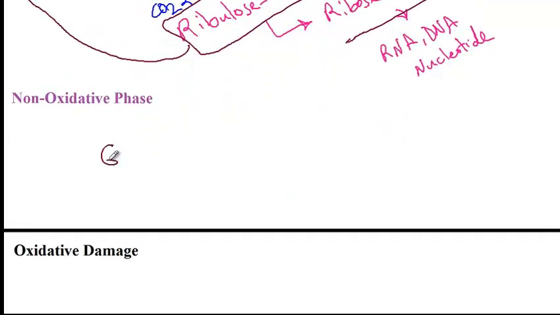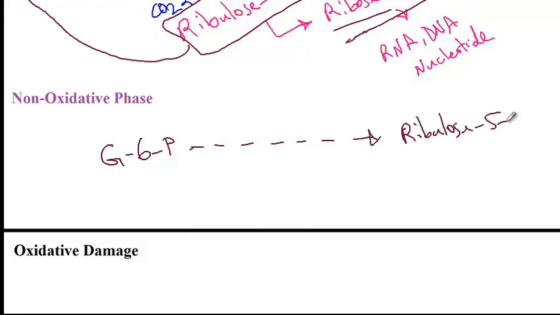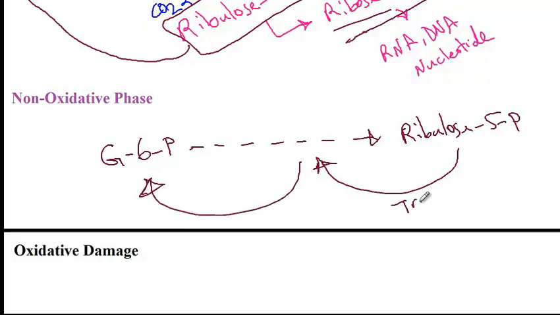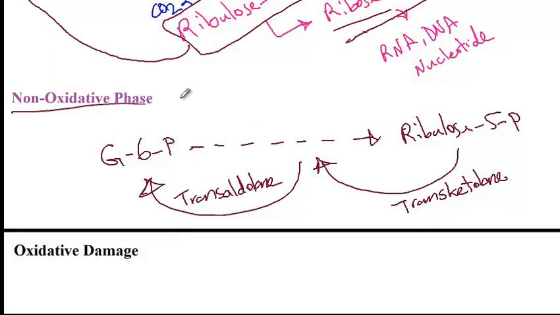So we had the glucose 6-phosphate, through a series of reactions, converted into ribulose 5-phosphate. Now via two different enzymes called transketolase and transaldolase, this pentose phosphate is converted back into the hexose phosphate, and that's the non-oxidative phase of the pentose phosphate pathway.